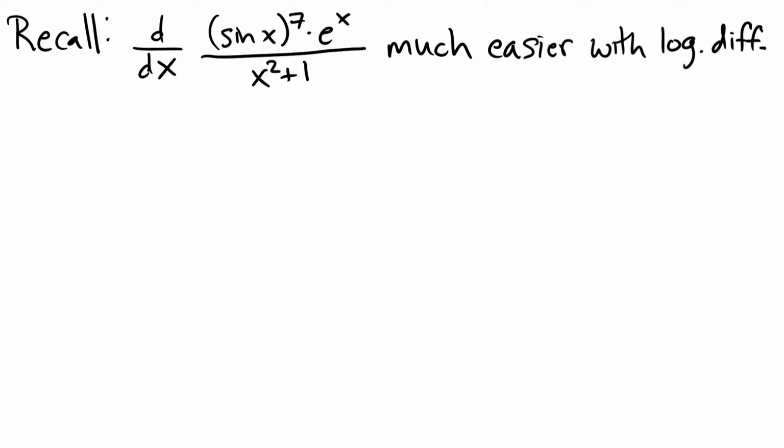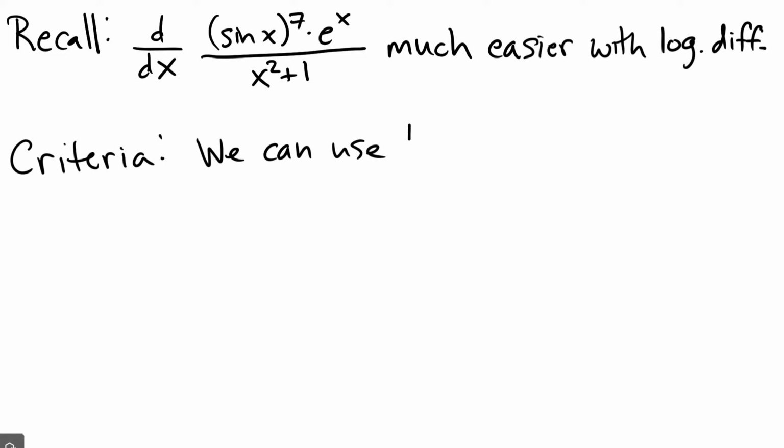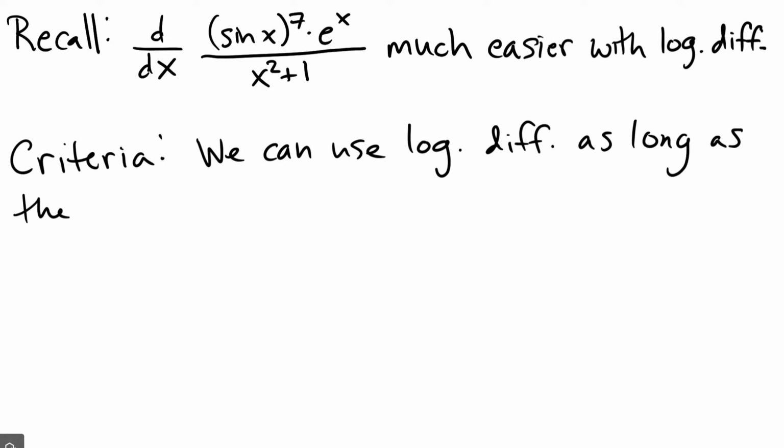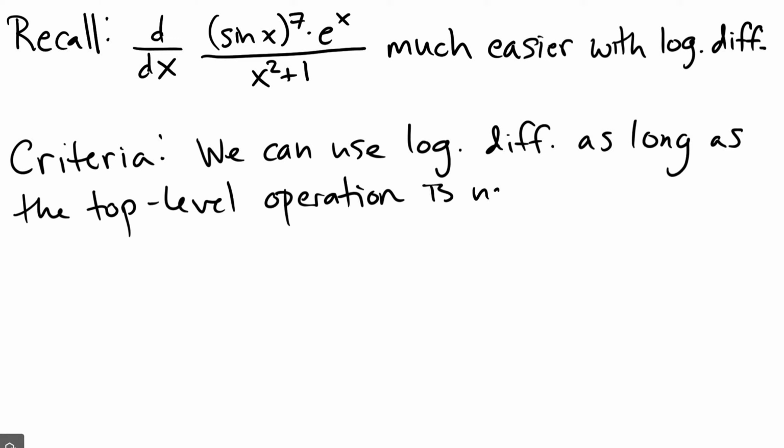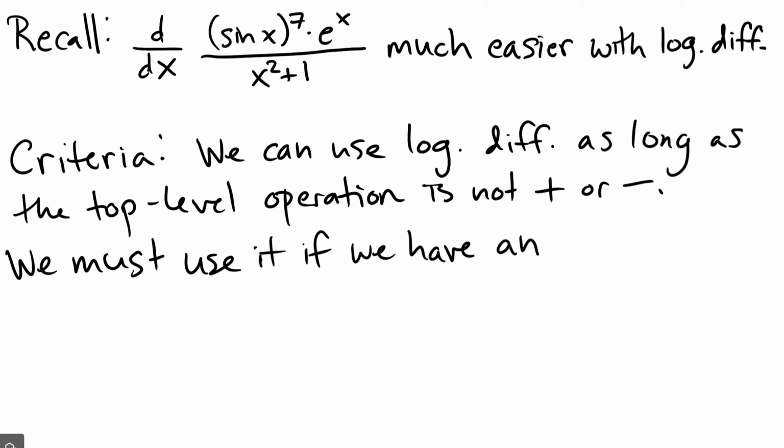So, as we said, our criteria is that we can use logarithmic differentiation as long as the top level operation is not plus or minus. We must use it if we have an f of x raised to the g of x thing.